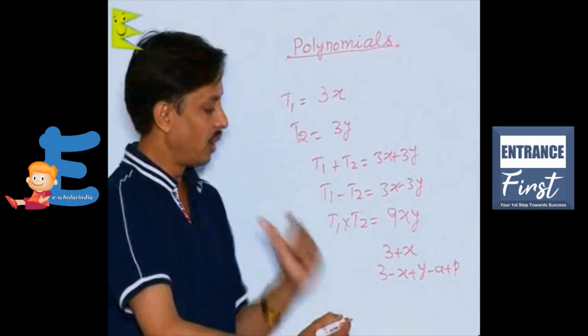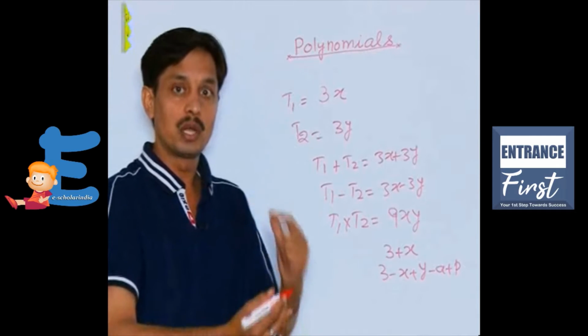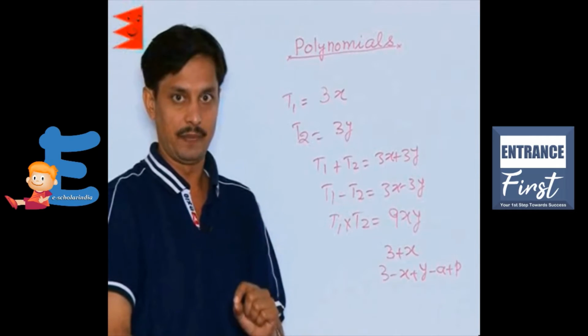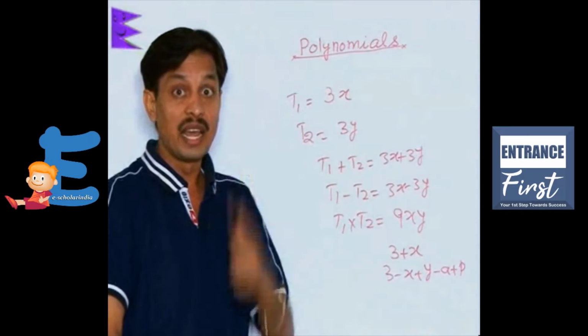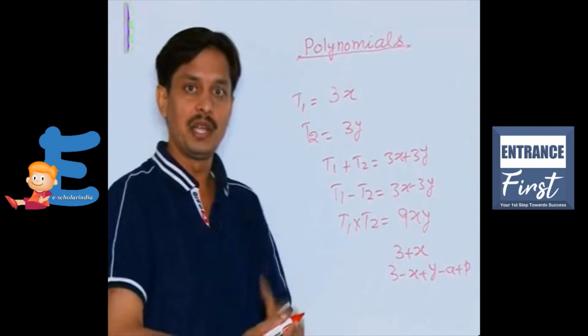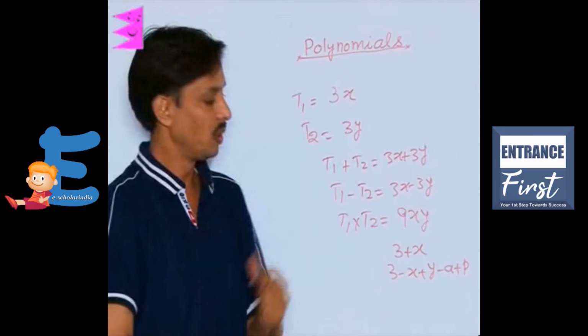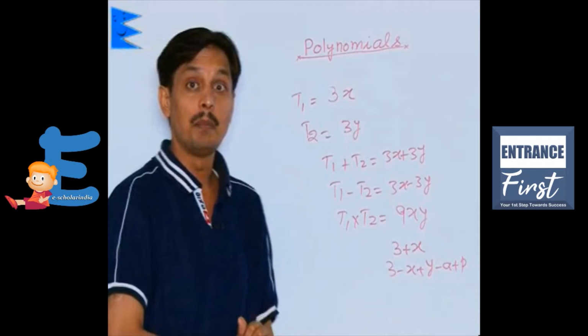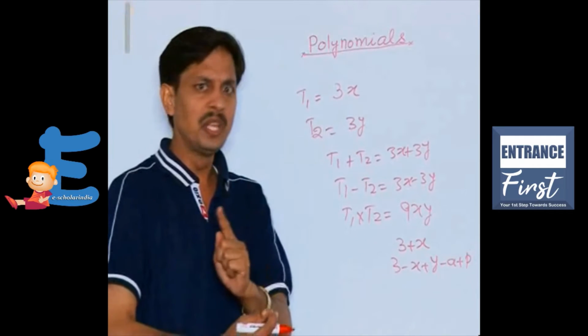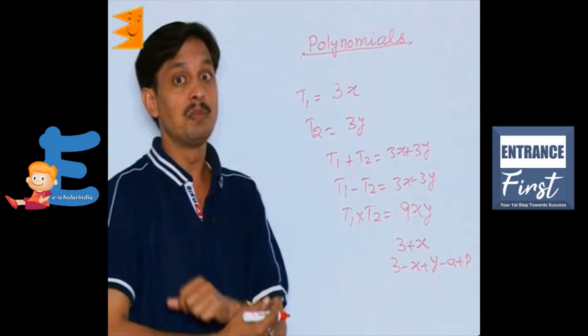So it means that two or more unlike terms separated by a plus or minus sign, what we obtain is known as an algebraic expression. If there is a single term, we call it a monomial.